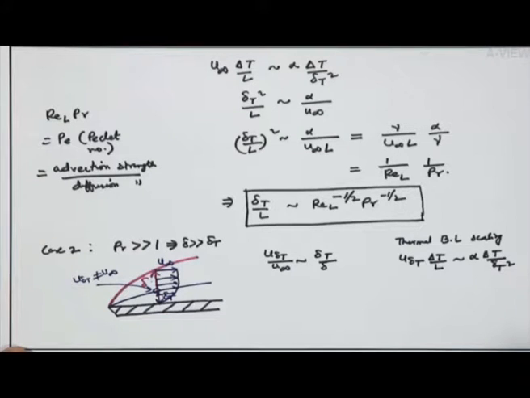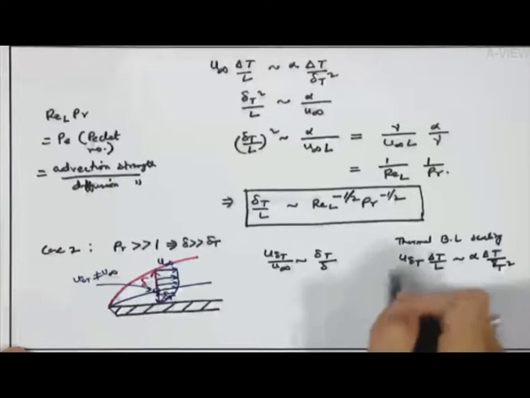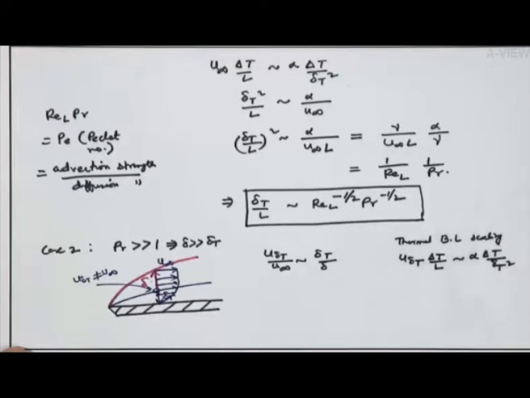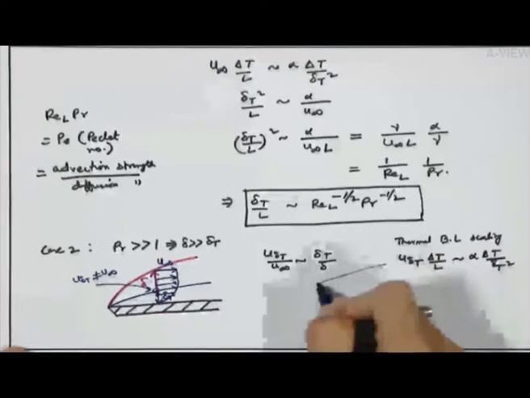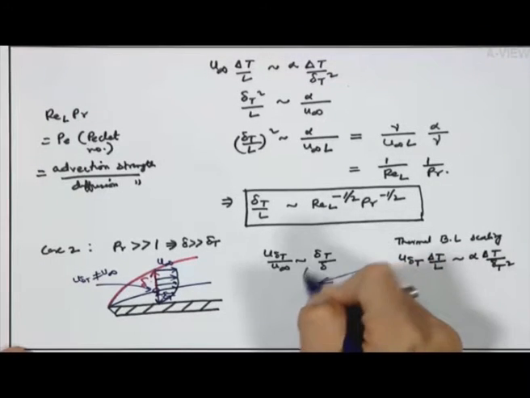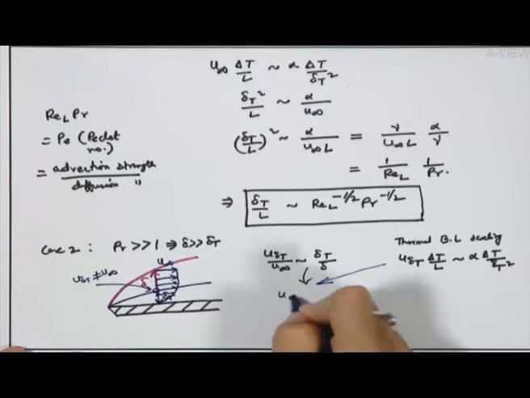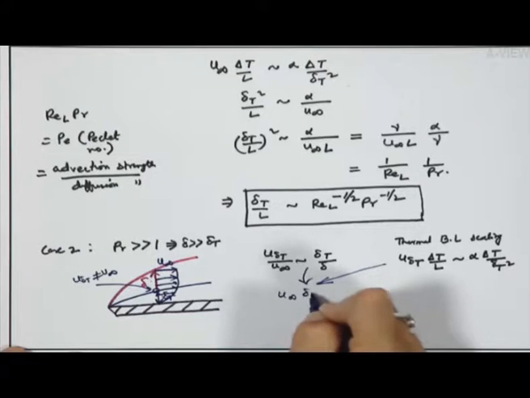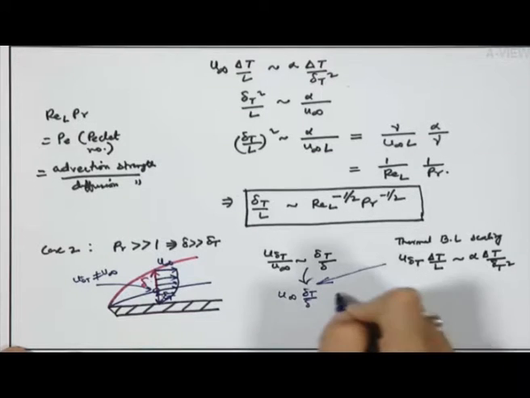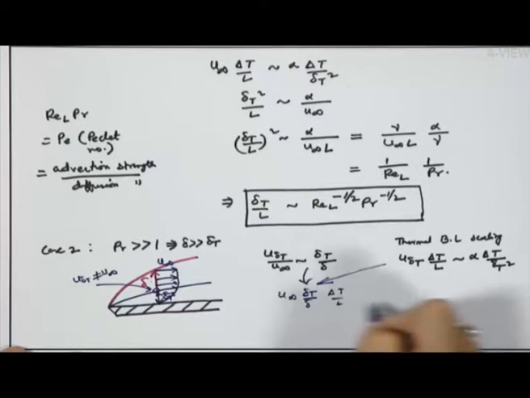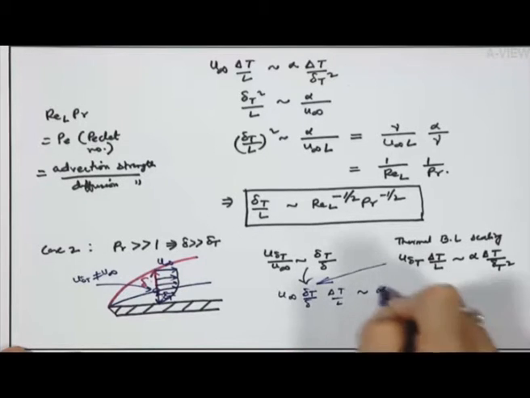Now you can write U delta T as U infinity into delta T by delta, into delta T by L, is of the order of alpha delta T by delta T square.